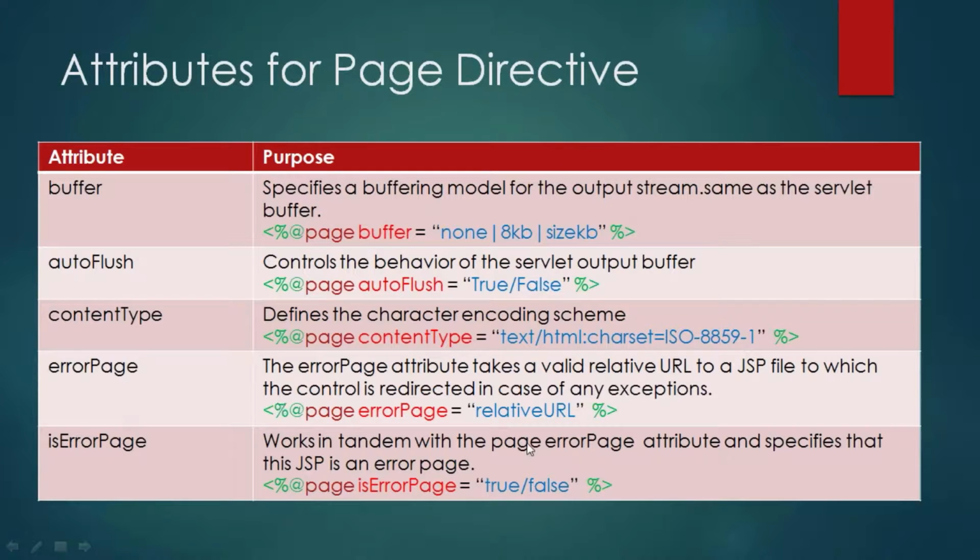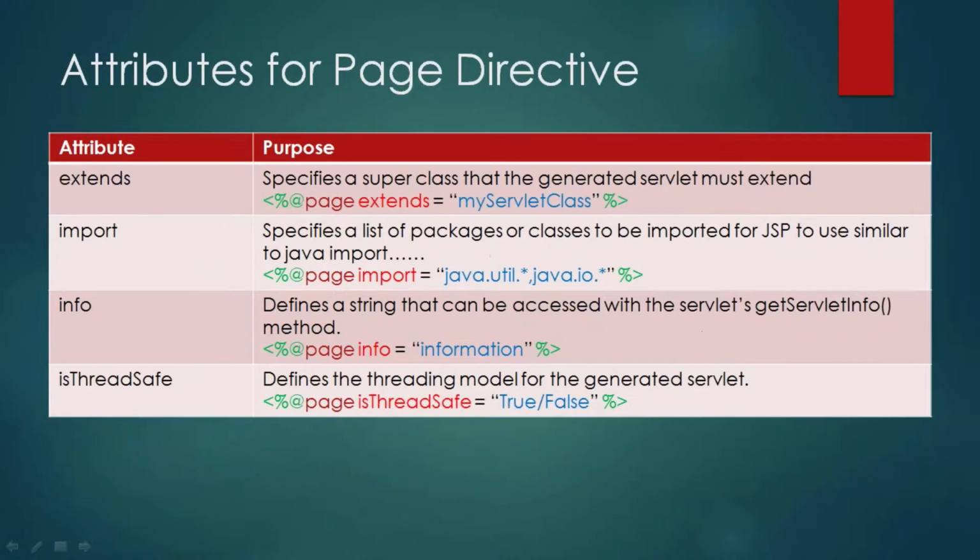ErrorPage mentions where control has to be redirected in case of any exceptions. And isErrorPage takes a boolean value and specifies whether the current JSP page is an error page or not.